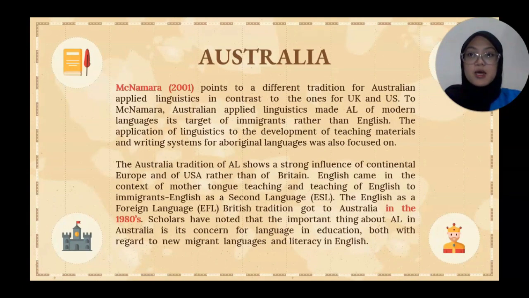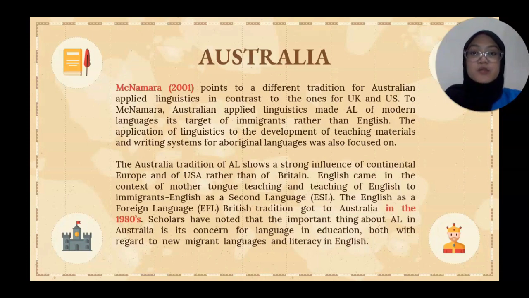In Australia, McNamara in 2001 points to a different tradition for Australian applied linguistics in contrast to the ones for the UK and US. To McNamara, Australian applied linguistics made applied linguistics of modern languages, with immigrants as its target rather than English.